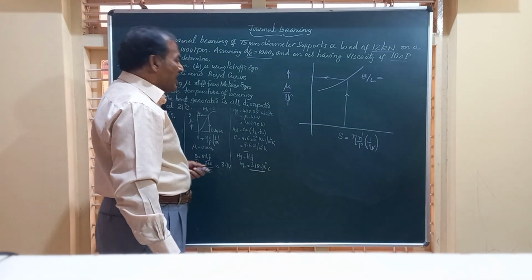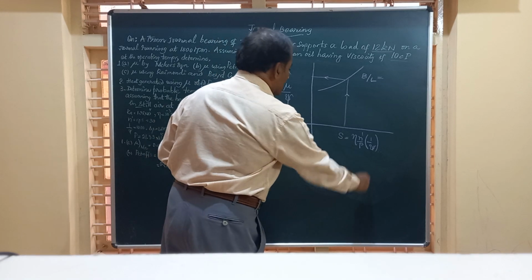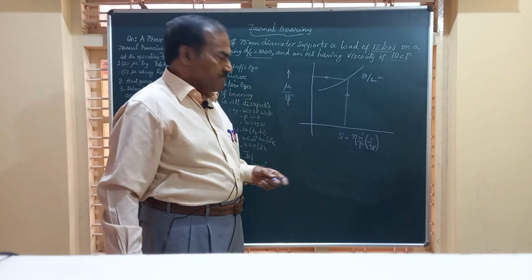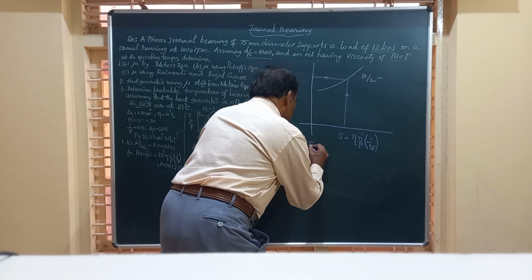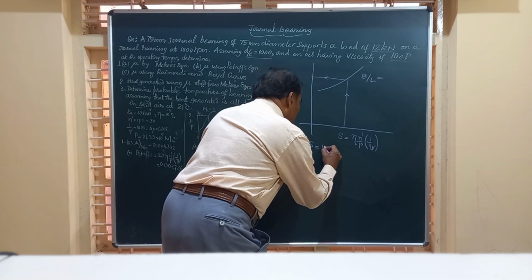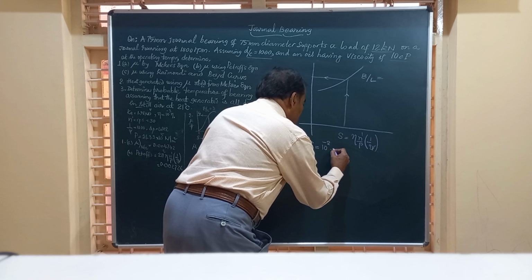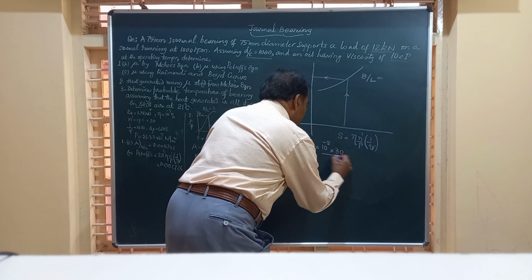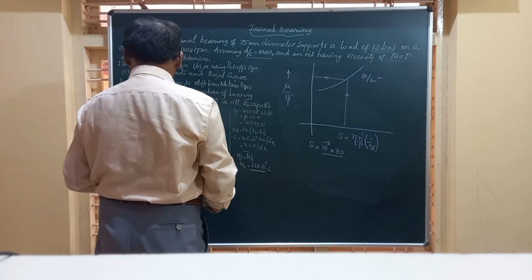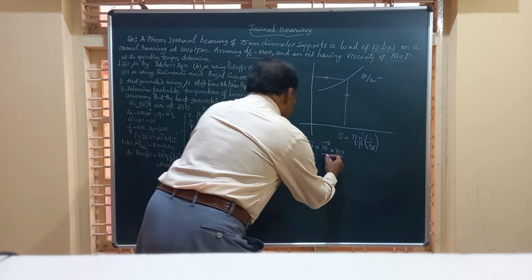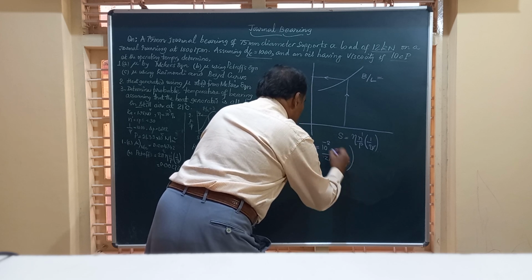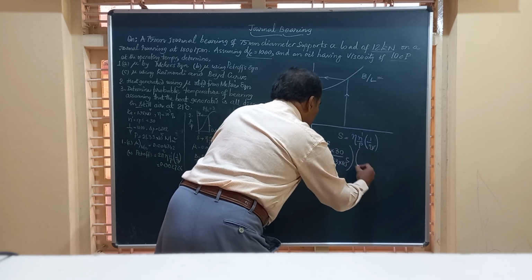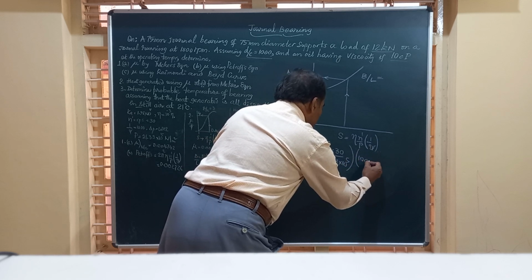So friends, we have to calculate the bearing characteristic number or Sommerfeld number. So this S is eta, which is 10 to the power of minus 2, n dash is 30, and the pressure we have already calculated is 21.33 into 10 to the power of 5, and this 1 by psi is 1000.